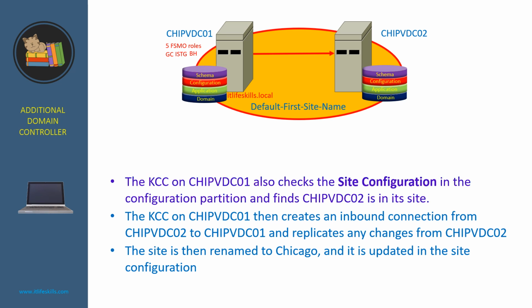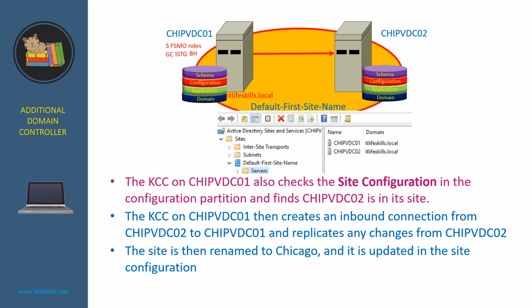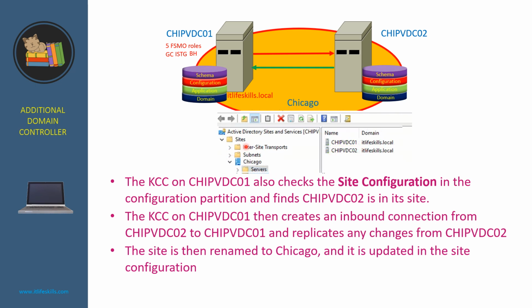The KCC on CPVDC01 also checks the site configuration in the configuration partition and finds CPVDC02 is in its site. The KCC on CPVDC01 then creates an inbound connection from CPVDC02 to CPVDC01 and replicates any changes from CPVDC02. The site is then renamed to Chicago and it is updated in the site configuration as Chicago site.